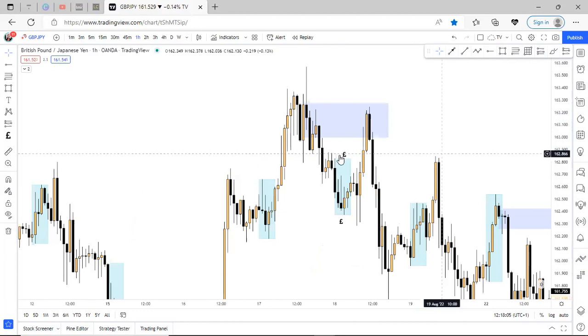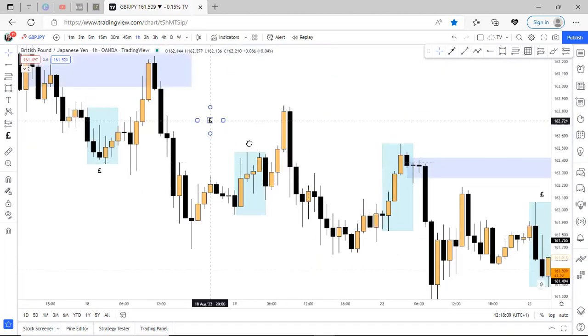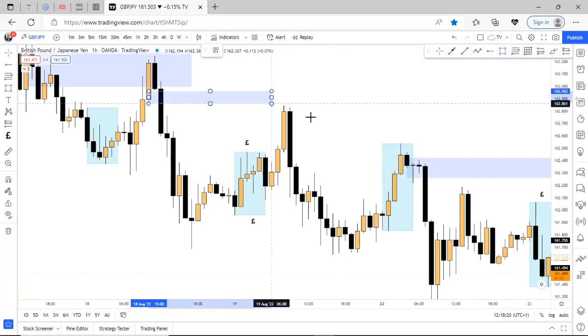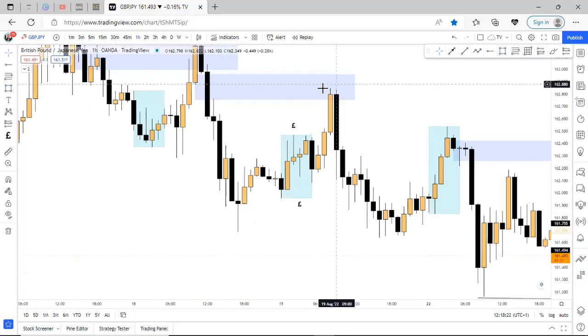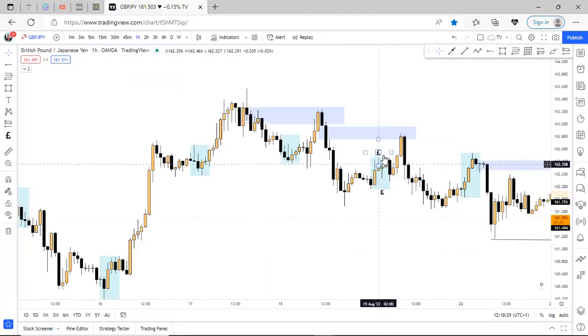On this other day we have the Asian range high and the Asian range low. As you can see, after the Asian session, price came all the way up and filled up this imbalance right here. Market found supply right there, and I actually took this trade because when I woke up, I saw that the Asian range high had been taken out, and we had yet to take out the low.